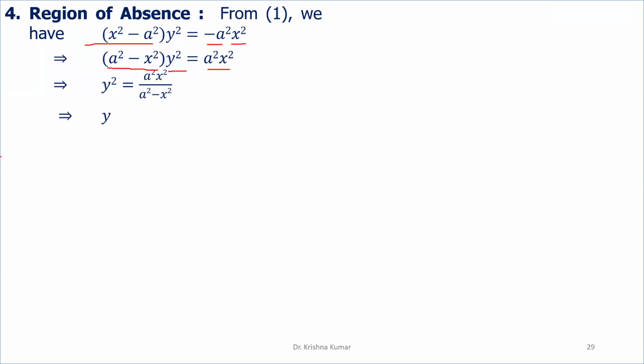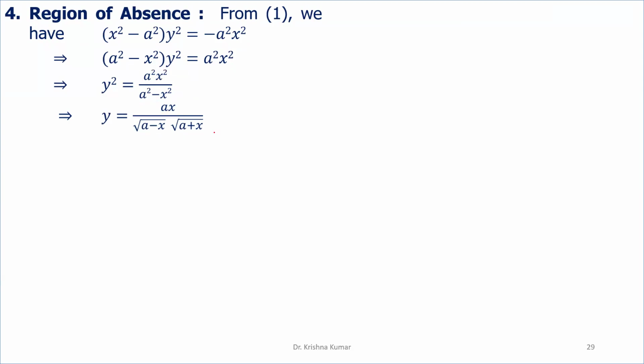So if we find the value of y, it is root of a square x square, which is ax, over root of a minus x and root of a plus x, because we know that a square minus b square is a plus b and a minus b.